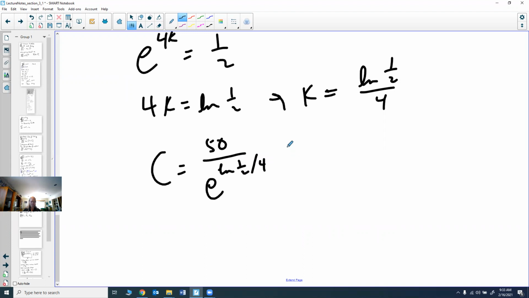So we have 50 divided by e to the natural log of 1/2 divided by 4.